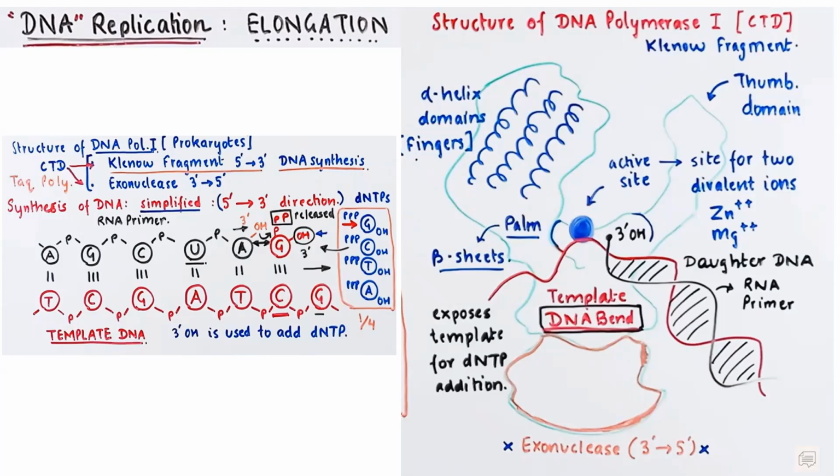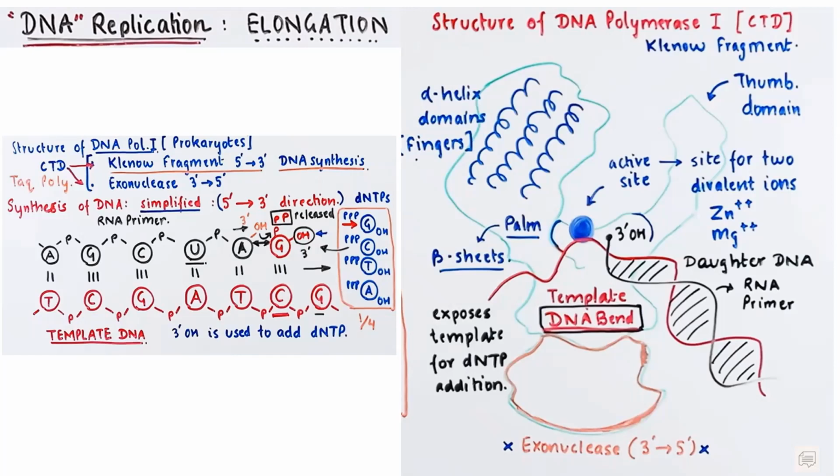One contrast to note is that the palm domain is largely composed of beta sheets, which help to accommodate the DNA. The important thing is that the palm domain contains the active site for the DNA polymerization activity, and this active site contains two divalent ions, which are usually magnesium or zinc.